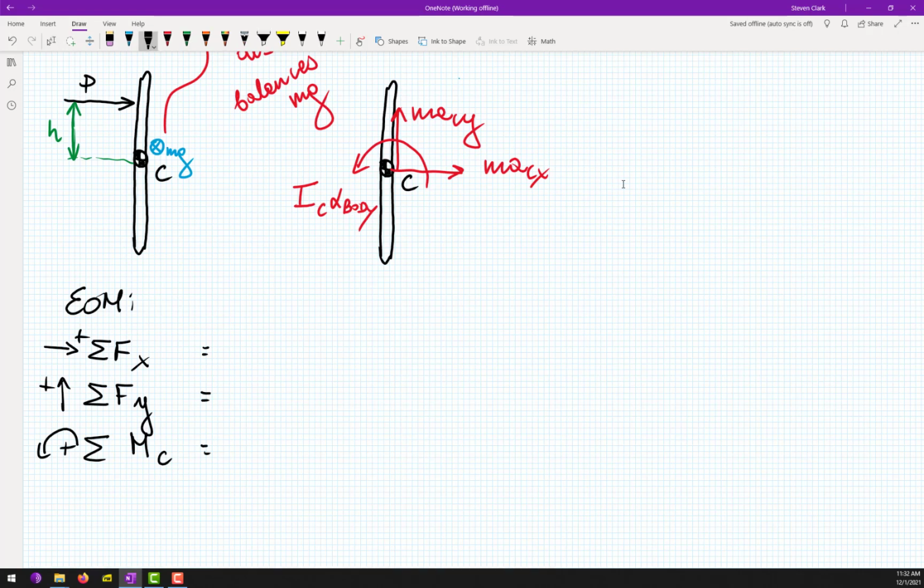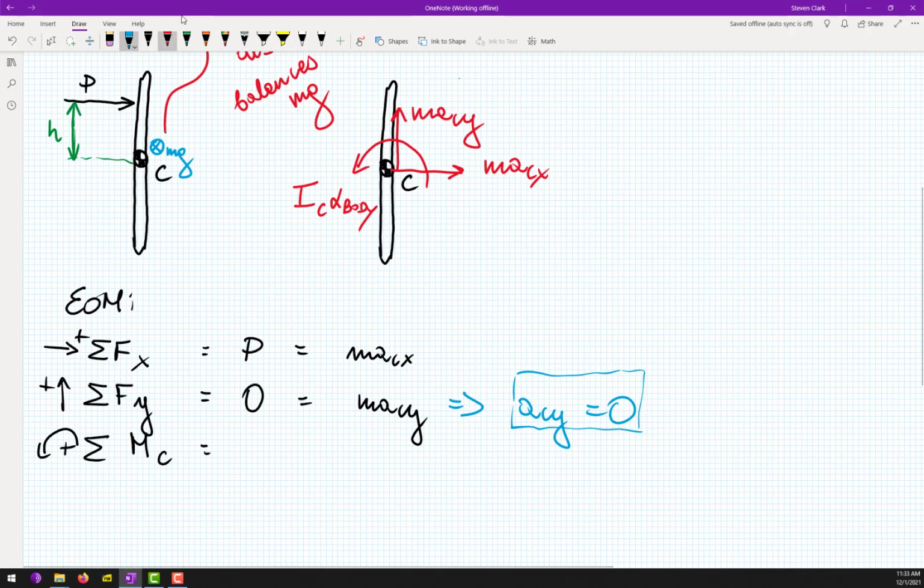Just one force, so just P, and this is equal to m a_Cx. How about the Y direction? Nothing, 0. So it's m a_Cy. Oh, great. So we know that a_Cy is 0.